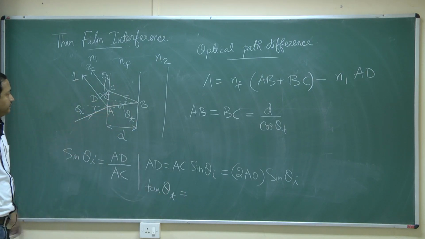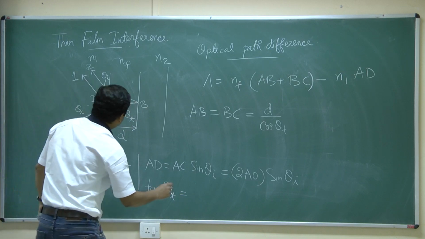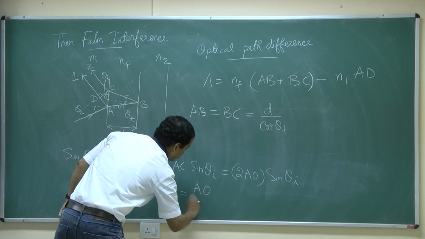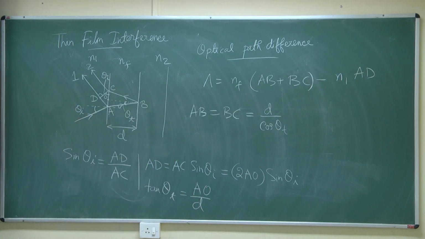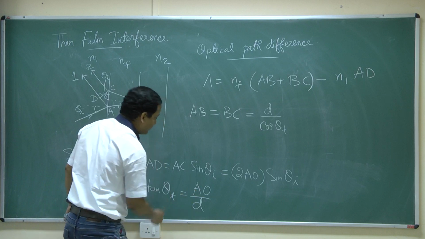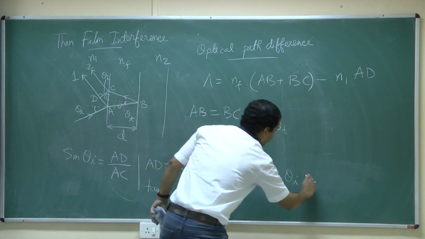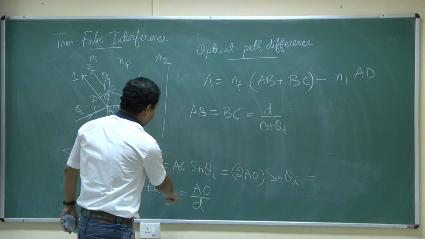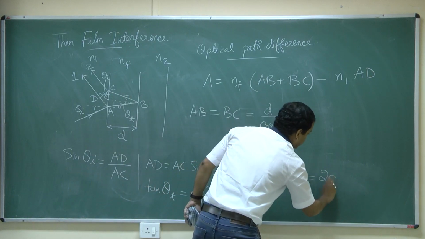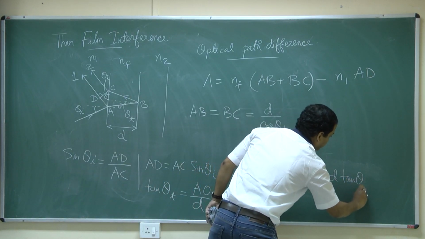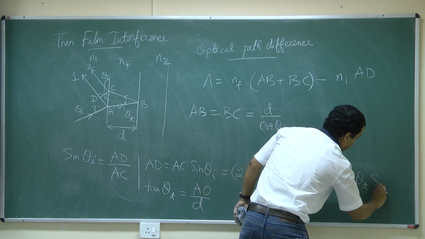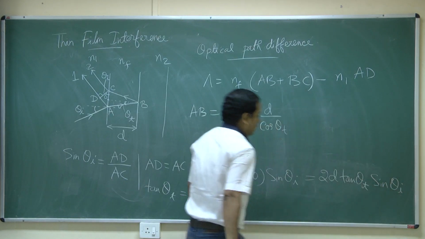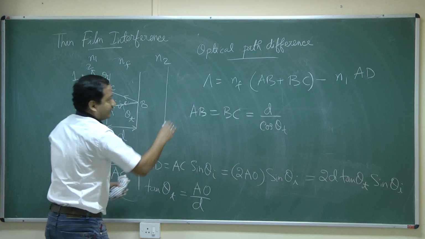Tan theta t is AO by d. So, AO is d times tan theta t. So, this is twice d times tan theta t multiplied with sine theta I. That is our AD which we are interested to find there.